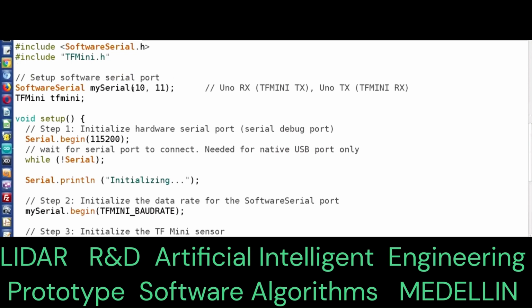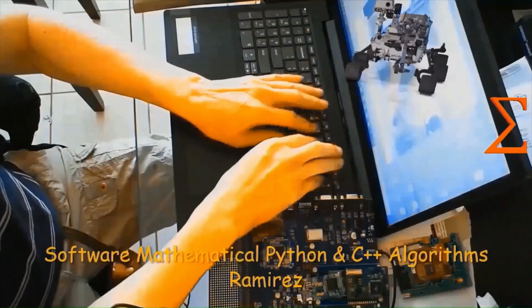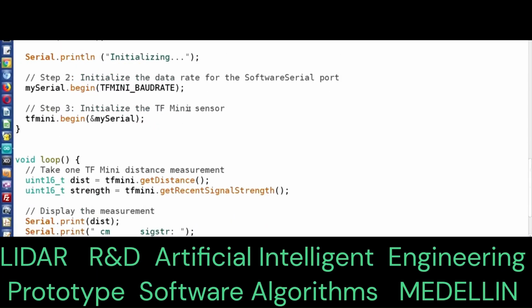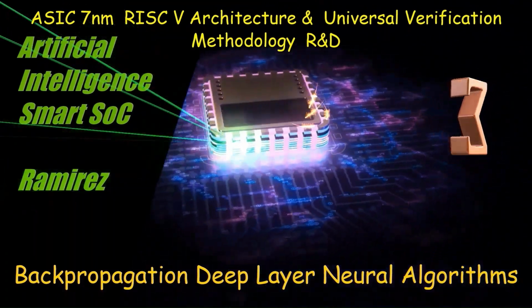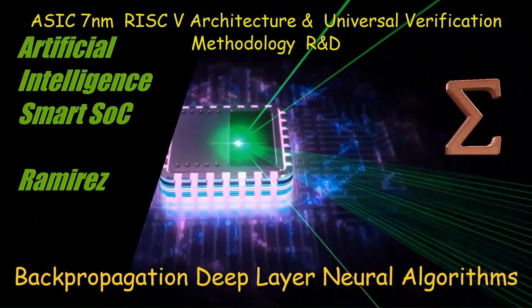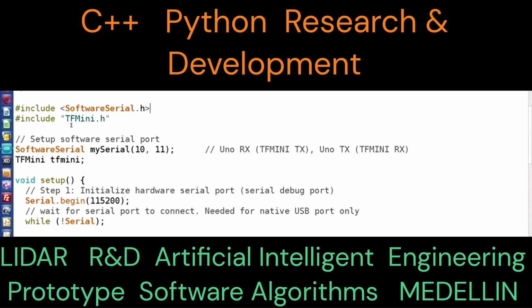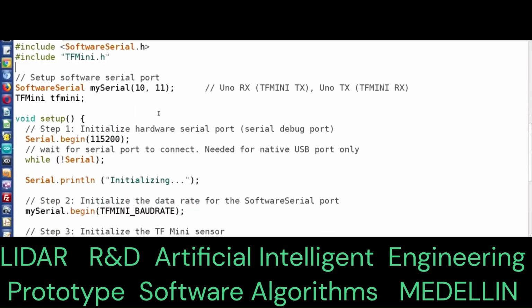The artificial intelligence autonomous vehicle is a project that has been segmented in two parts. I have presented part 1 in a previous video, and this is obviously the culmination of part 2 of the artificial intelligence autonomous vehicle.